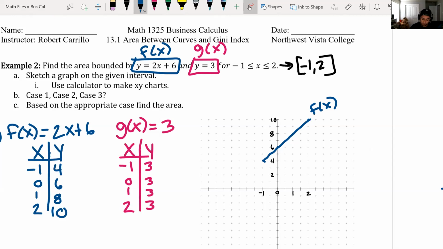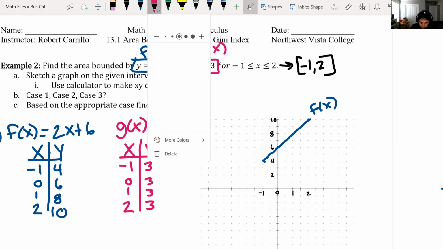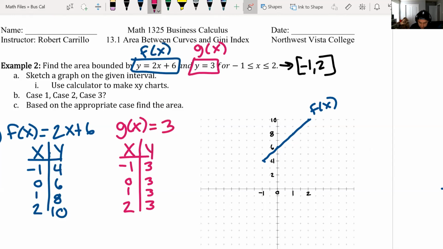And then let's do g of x. So g of x is -1 and 3, 0, 3, 1, 3, 2, 3. And there's g of x.